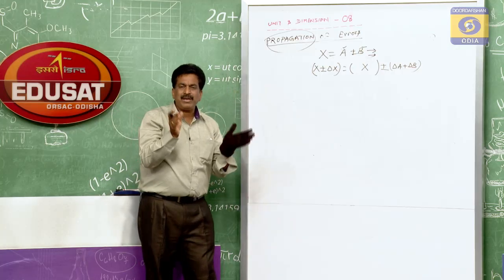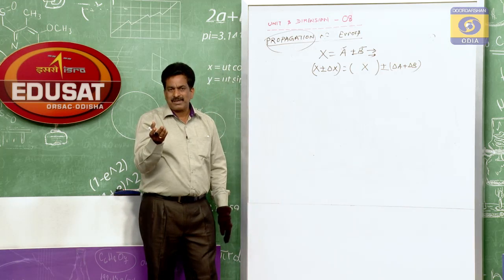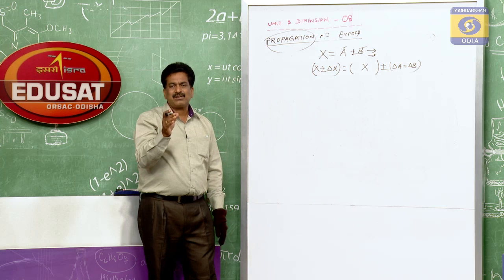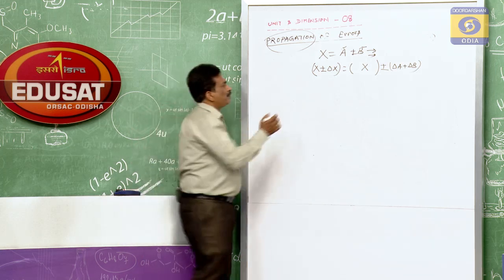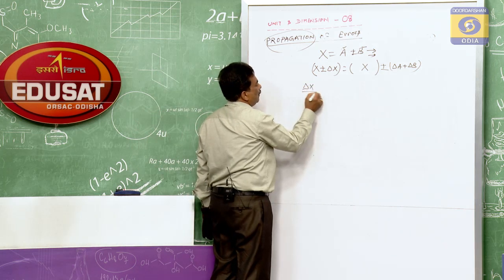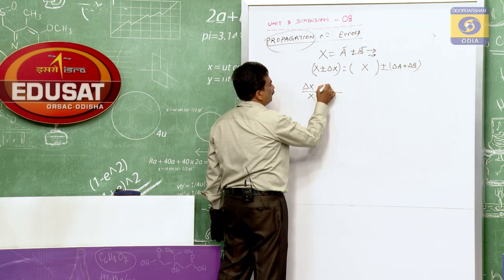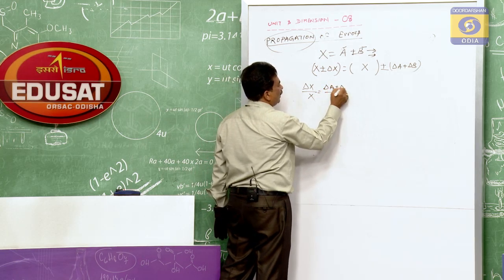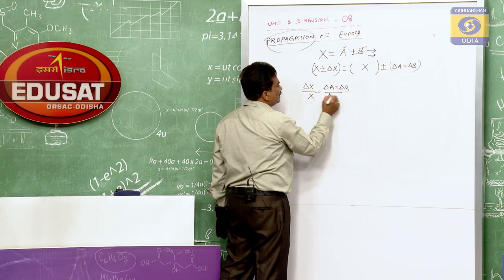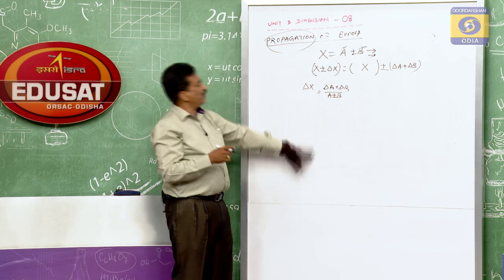So on your screen you find that del x by x equals del a plus del b, and x equals a plus or minus b. We are interested in del x.